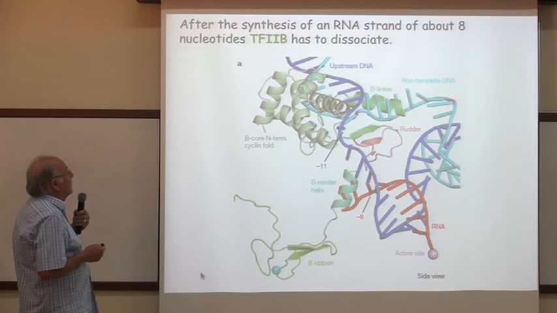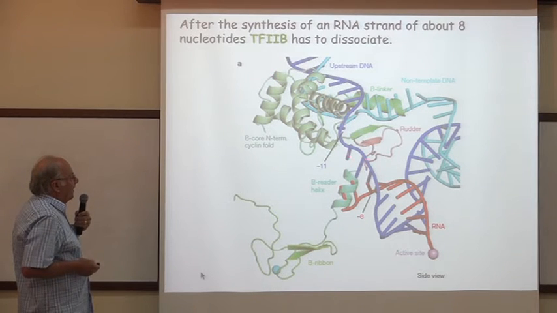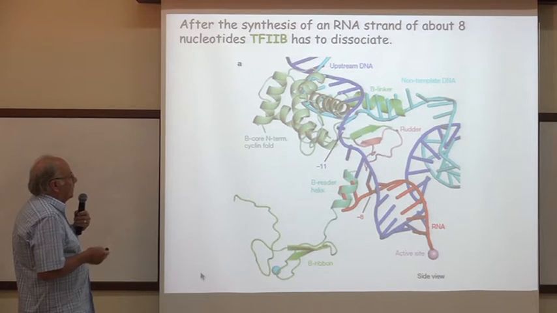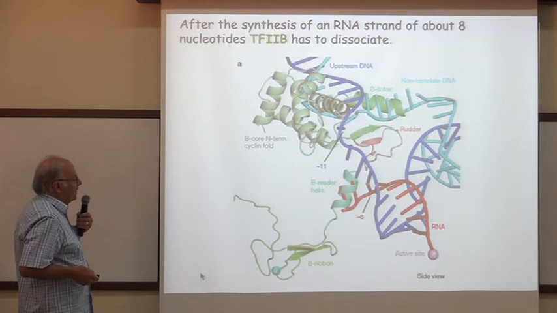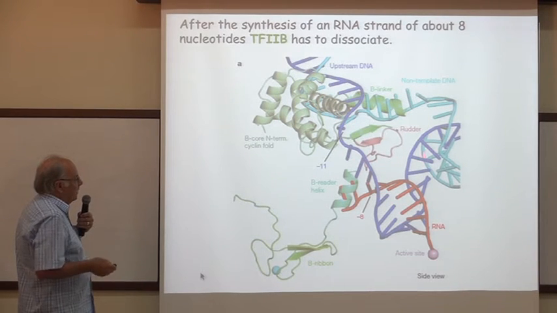So here we see the TFIIB and we see the strand of DNA here with a sharp kink produced in the active site.